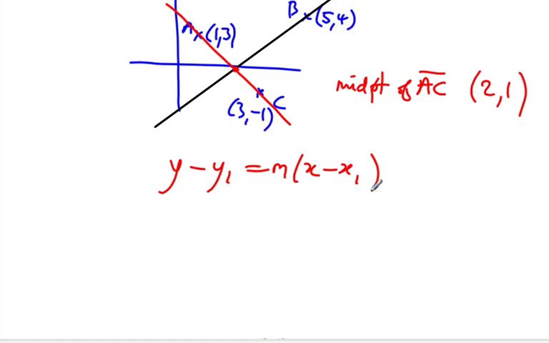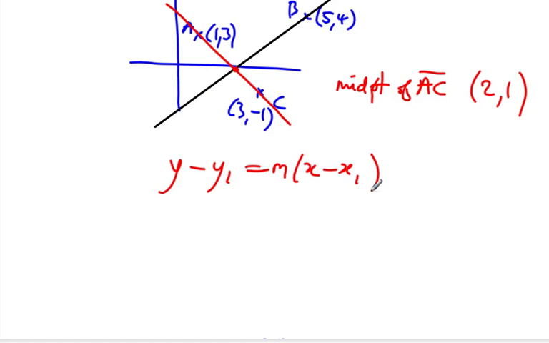However, have we got the gradient? No, because we've just got 2 points. So how are we going to work out the gradient? Do the y2 minus y1 over x2 minus x1, rise over run thing? Absolutely fine. Or what's the other way? Get out the graphics calculator, put the 2 points in, get the gradient straight off the calculator. Okay? Now, I'm just going to do it.